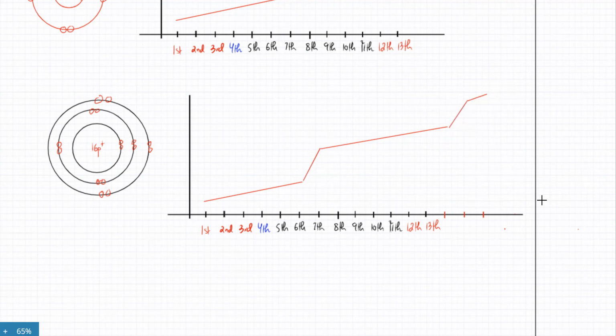That there's going to be a jump whenever there's a change in shell, and you should know what the factors are. Removing the first electrons in the outermost shell, they're far away, they're more shielded. So it's easier to remove the 6 electrons. First, second, third, fourth, fifth, and sixth electrons would be easy. And there's going to be a gradual increase because the net positive charge on the ion is increasing. Every time you remove electrons, the ion becomes more positive.